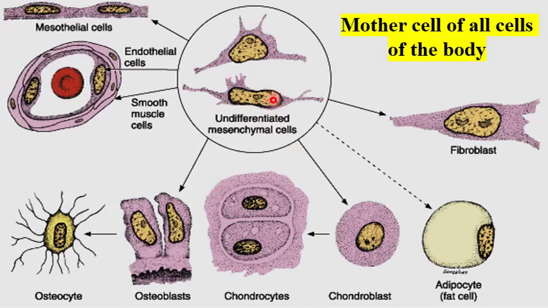It may differentiate into endothelial cell, smooth muscle cell, osteoblast, which forms the bone, chondroblast, which converts to chondrocyte that forms the cartilage, and adipocyte that forms the fats. So this is called the mother cell of the body, the undifferentiated mesenchymal stem cell. This is the cell body, from which extend processes or branches, so it is one of the branched cells.